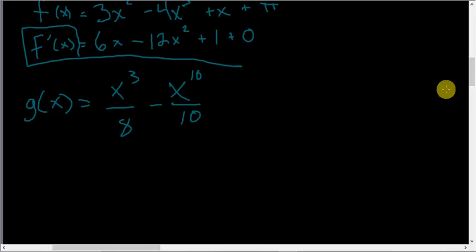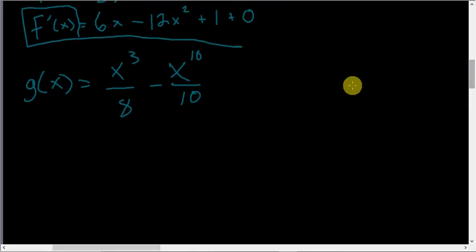And you're like, wow, this is kind of complicated, right? But you do the same thing. You drop this 3 down, so you get 3x squared over 8, and then for this one, 10x to the 10th over 10. Well, these cross out, and this you can really just put in the numerator.